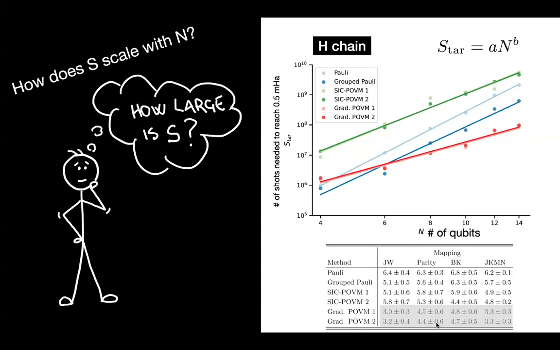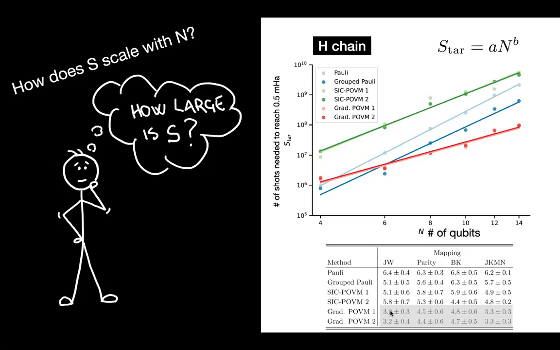So in this table, what we show here, in our case for the gradient POVM, is of the order of 3, which of course changes with respect to different types of fermion to qubit mapping. I will not go into the detail because I haven't discussed this, but for any fermionic problem, if you want to study electronic structure, generally to implement these algorithms for simulating them on quantum computers, we need to perform fermion to qubit mappings, and there are different possible mappings that one can make.